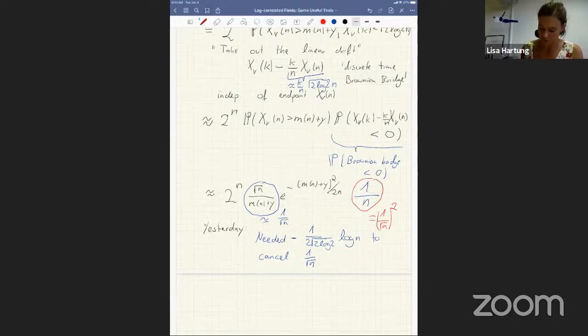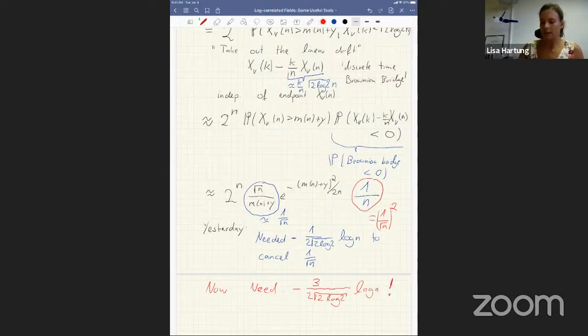So we need 2 more of these terms, so we need 3 of them in total. 1 for the 1 over square root of n that we already had yesterday, and 2 more for this extra 1 over n.